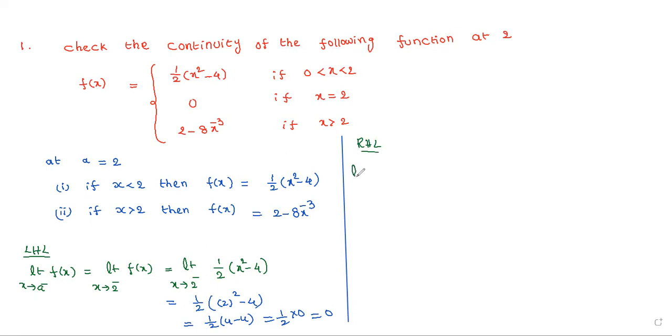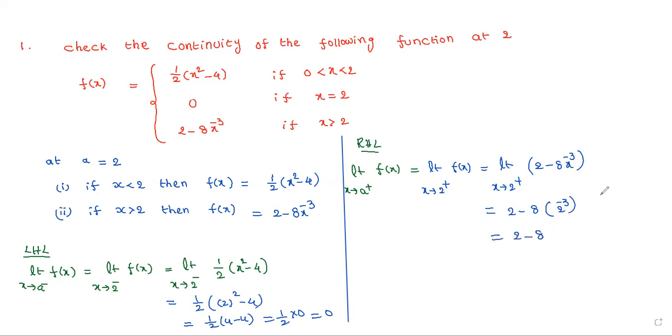RHL. Limit as x tends to 2 plus of f of x, value 2 minus 8 x power minus 3. Substitute 2 power minus 3.